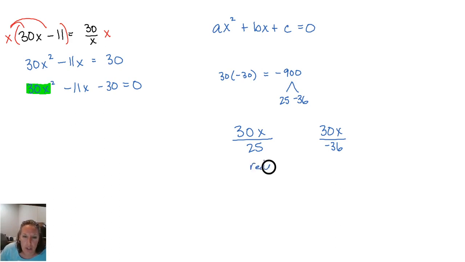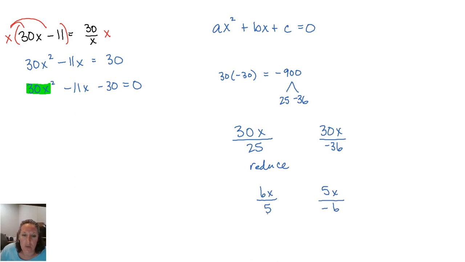And now what we're going to do is we're going to reduce these fractions. So 30 and 25, that reduces. They're both divisible by 5. So 30 divided by 5 is 6, and 25 divided by 5 is 5. 30 and 36 are both divisible by 6, so when we divide out, we're going to get a 5x and a negative 6.